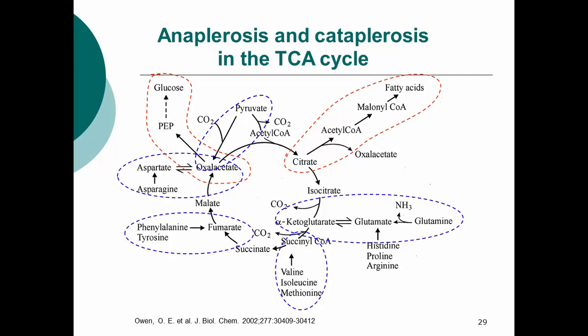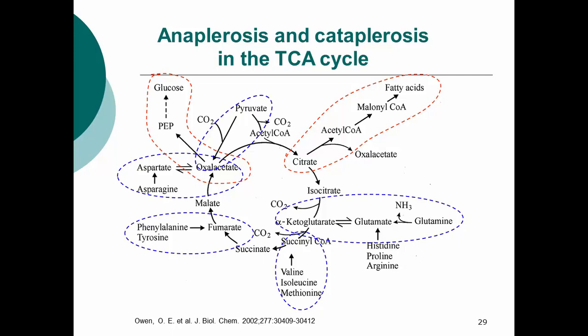into the TCA cycle. And the two processes highlighted in red, for example, citrate, right, is synthesized in the TCA cycle and can leave the TCA cycle for lipogenesis, right? So during lipogenesis, in the fed condition, citrate synthesized in the TCA cycle can be moved away from the TCA cycle and utilized for fatty acid synthesis, right?